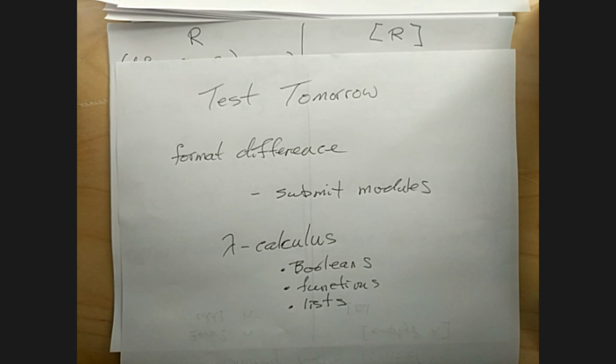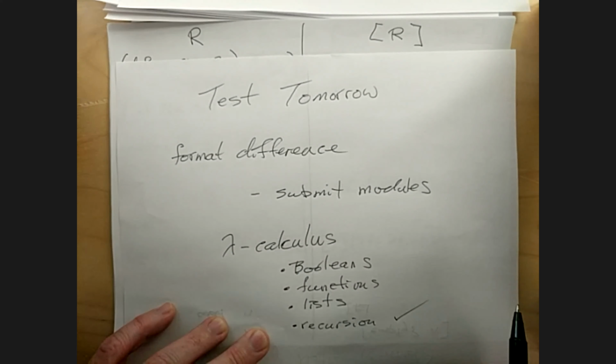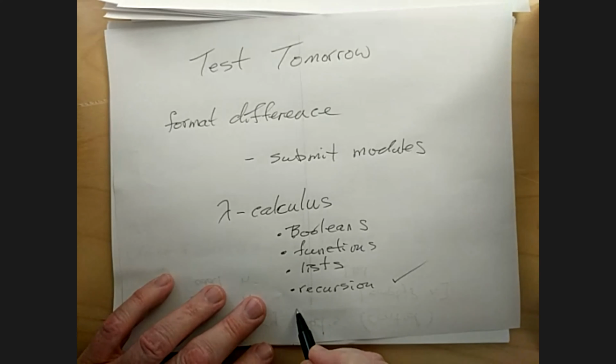And just at the end of last day's lecture, I foreshadowed how we're going to deal with recursion in the lambda calculus. So we'll pick up talking about recursion, and then I'll talk a little bit about how we're going to implement numbers.